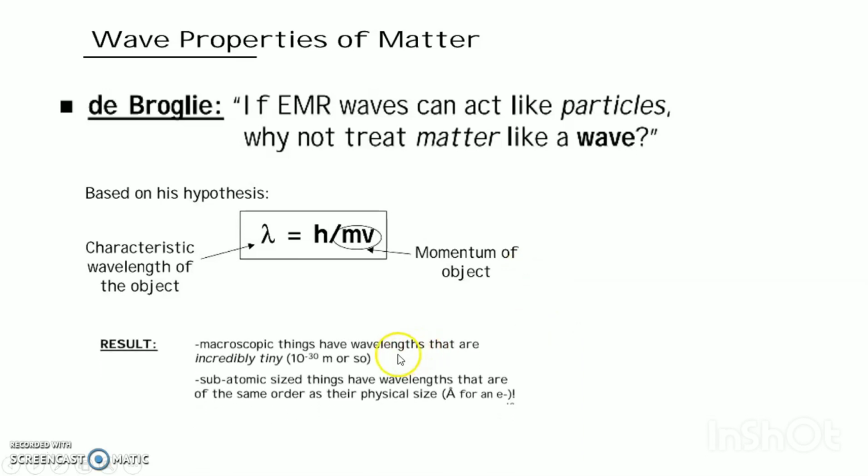Result: macroscopic things have wavelengths that are incredibly teeny, 10 to the power minus 30 meter, and subatomic sized things have wavelengths that are of the same order as their physical size, angstrom for an electron.